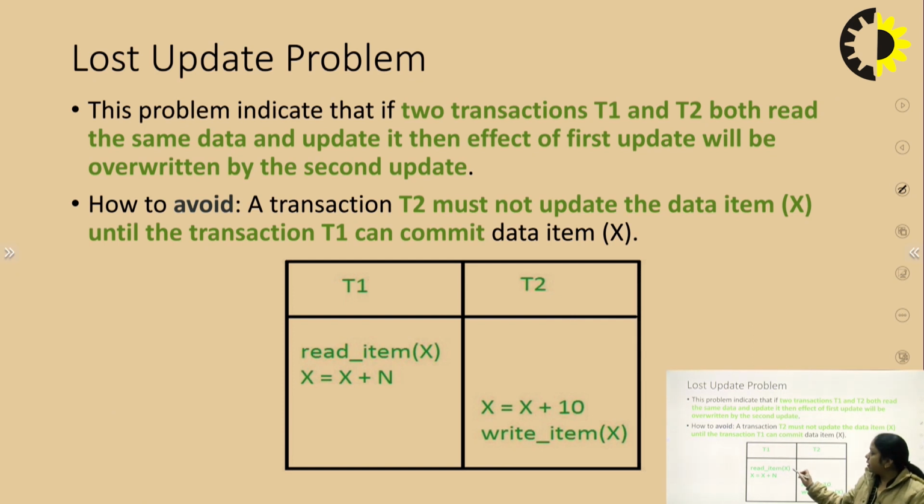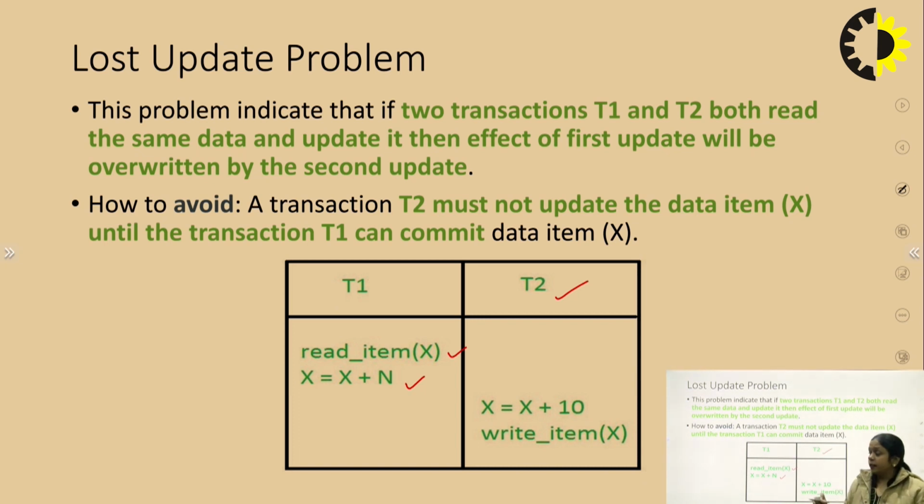First is the read operation, which is going to read an item X. Next is the update X = X + N. After these two operations, this transaction is not committed, but the next transaction T2 will start. X = X + 10, and then it will write the value of X here.